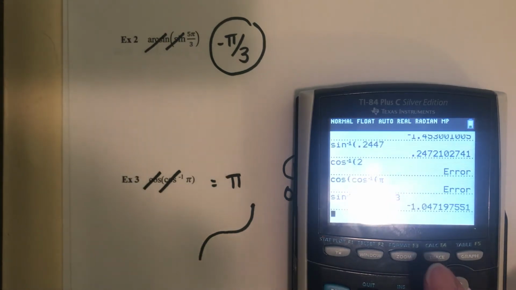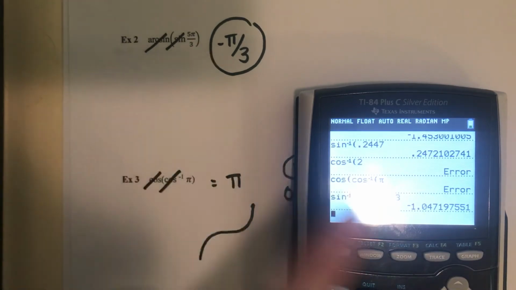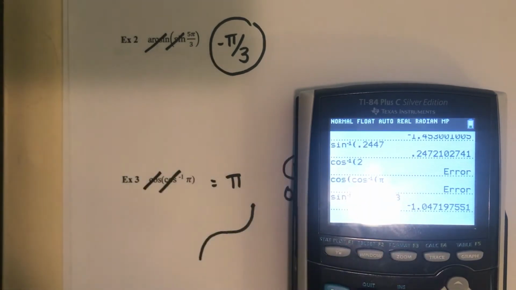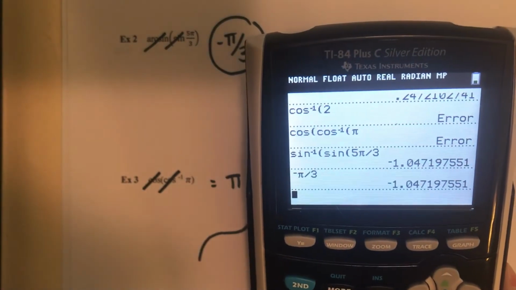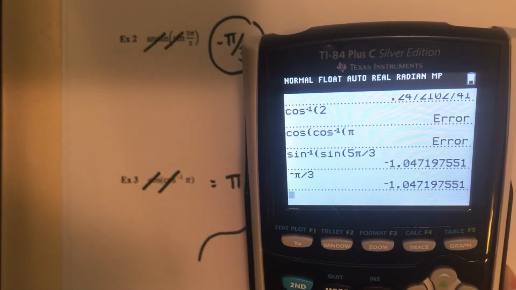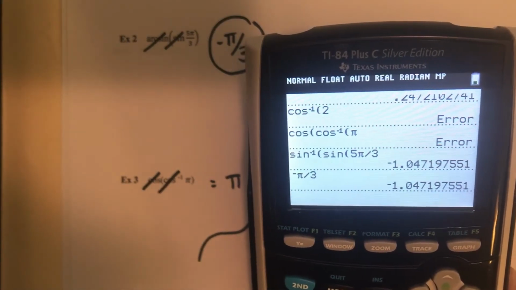I got a negative number. So I didn't get the 5 pi over 3, I got the negative number. And I bet if I plug in negative pi over 3, and I check that, I get the same exact answer. So negative pi over 3 was in fact the answer for number 2.